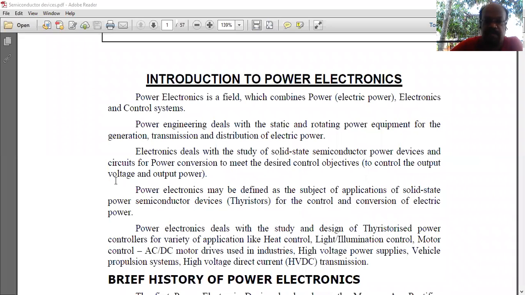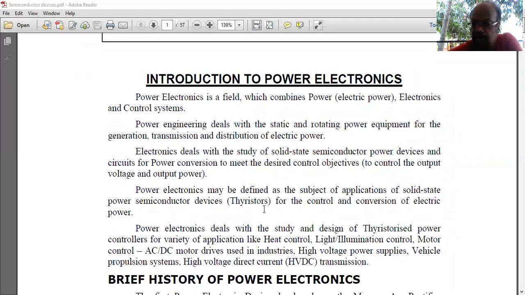Conventional means maybe some 20, 30 years before. After that, they started realizing the importance of power electronic applications, and slowly introduced power electronic circuits in power engineering. That concept is called power electronics.